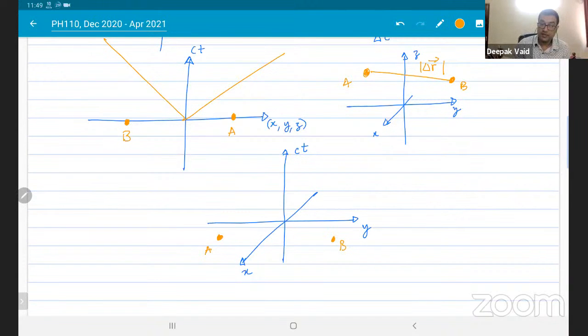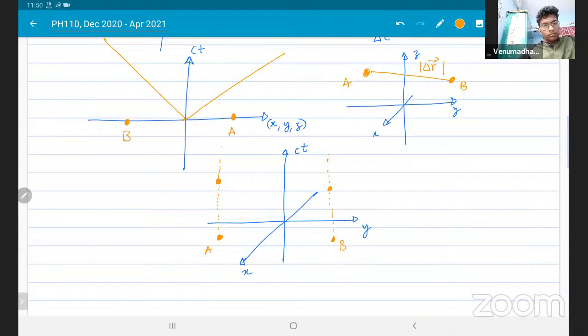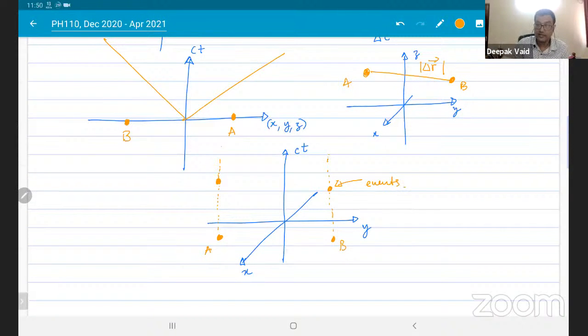And if I think of these 2 points now, what happens? As time goes on, these 2 points keep moving. So what is a single point over here? A single point is what we call an event. And what is a line? A line is a collection of events.